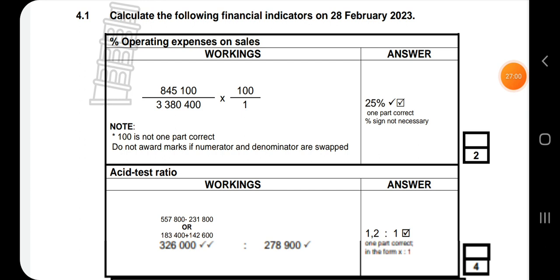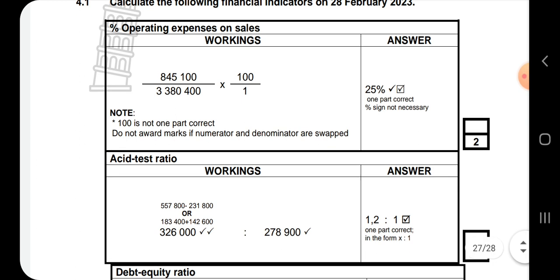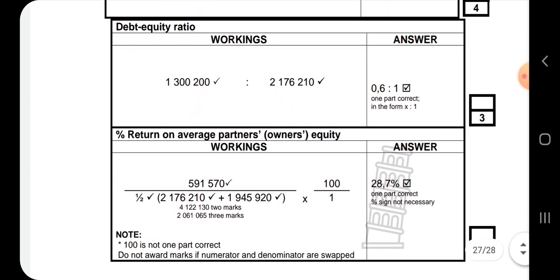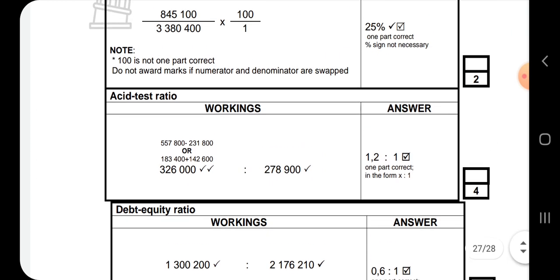So guys, this is the complete memo for the questions that we just did. 4.1, there is the workings on operating expense on sales, the asset test, the debt equity ratio, and the return on owner's equity. So this is how you do them.